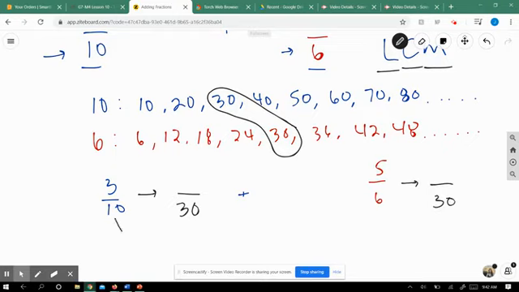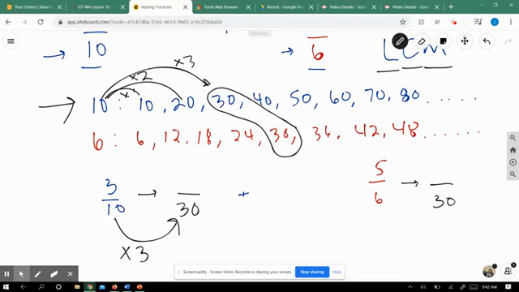I have to see, how did I make 10 into 30? I can either remember, I know 10 times 3 is 30, so it's going to be times 3. But if I don't remember that, I can look at my list up here and count each multiple, right? So this would be 10 times 1, this one would be 10 times 2, and this one would be 10 times 3.